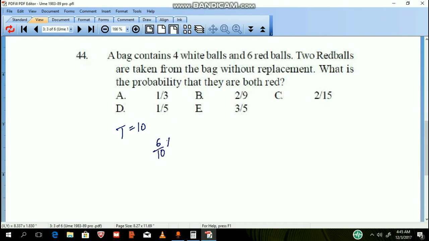Now without replacement, that means we will now have 5 red balls left over 9 because it's not being replaced. So 5 in here is 1, 5 in here is going to be 2, 3 in here is going to be 3, 3 in here is going to be 2. This will cancel this, so we have 1 over 3, which is option A.